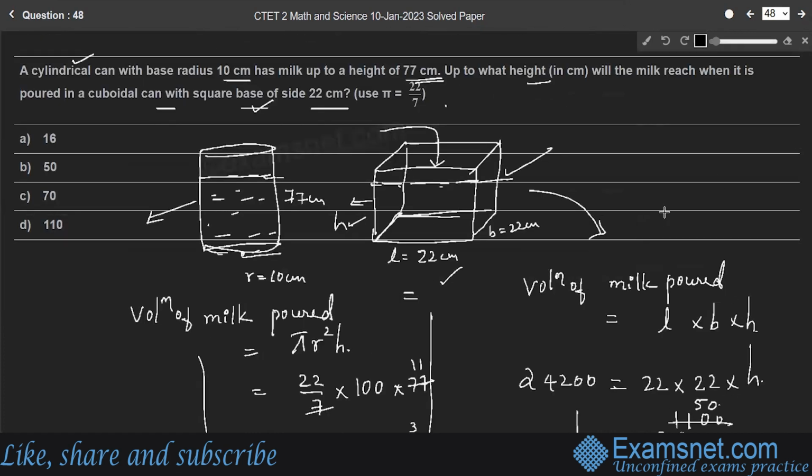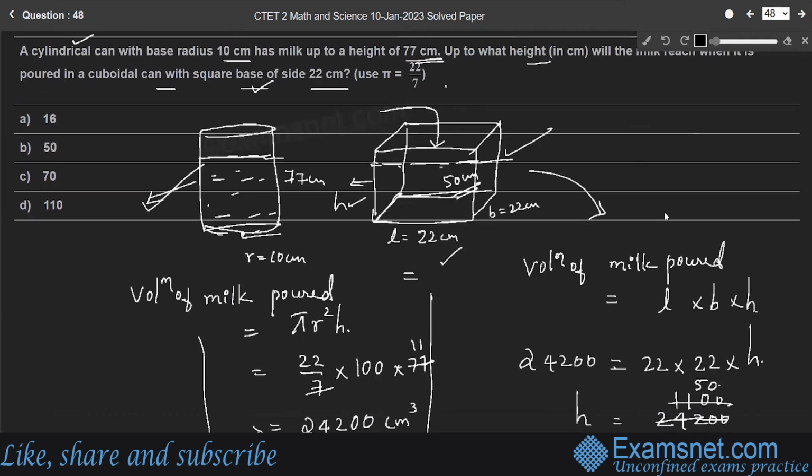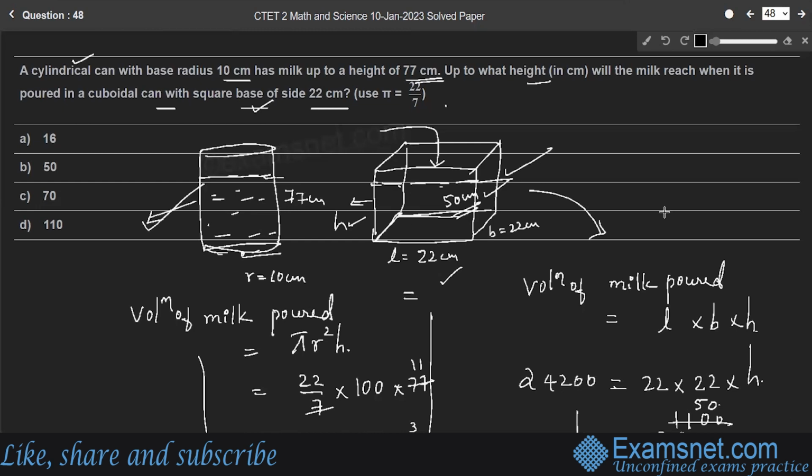Therefore, up to 50 centimeter the milk is poured, so that the volume becomes the same as the volume of milk in the cylindrical can. Therefore, the volume is 24,200 and the height to which milk is poured into a cuboidal can is 50 centimeter. Option B.